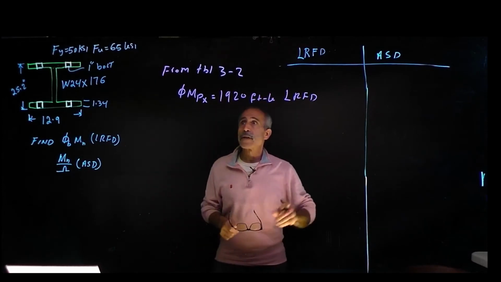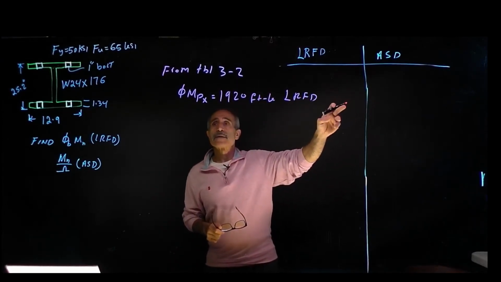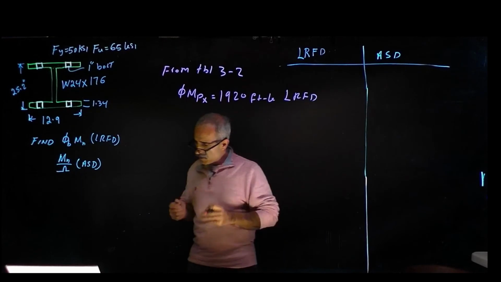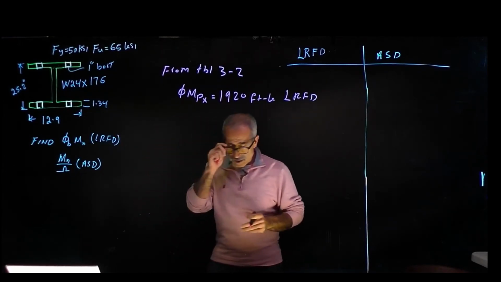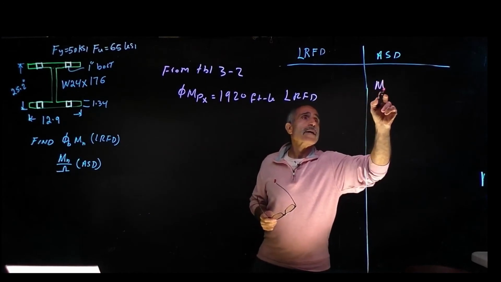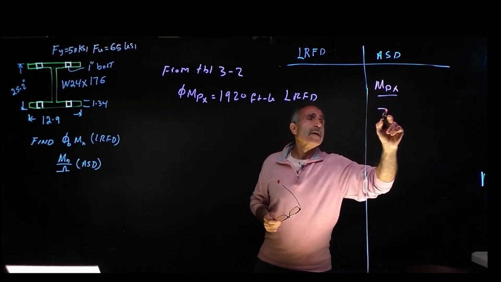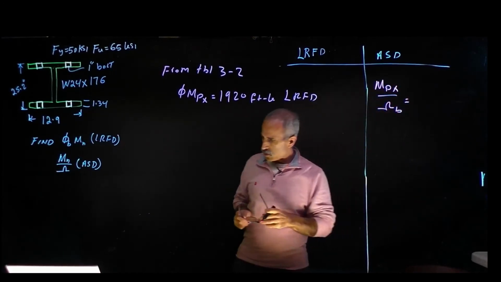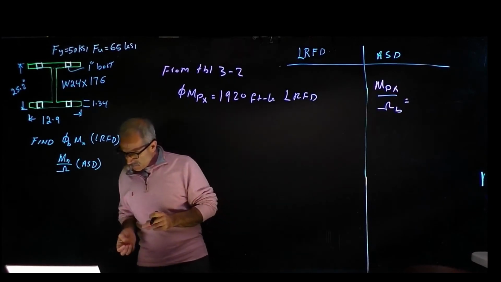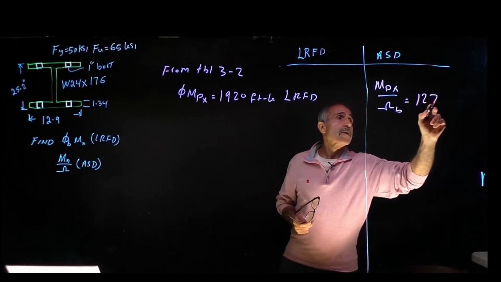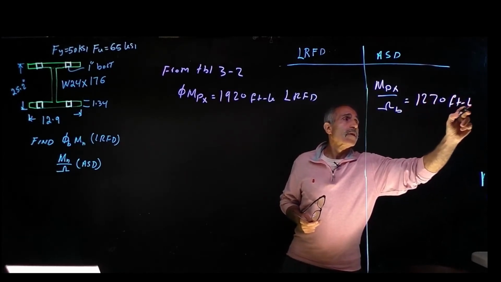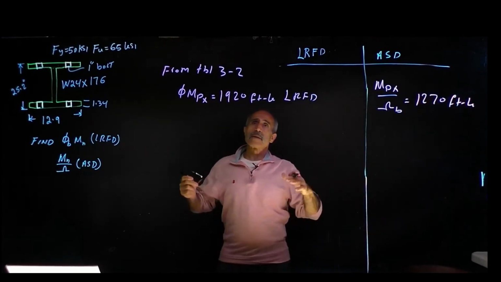And for ASD, from the same table, you can find Mpx divided by omega B, and that comes out to 1270 foot-kip. We don't have to calculate that.